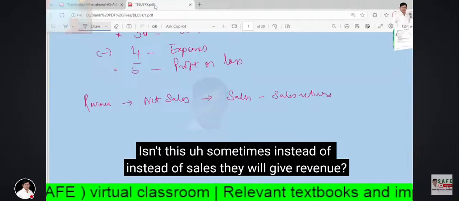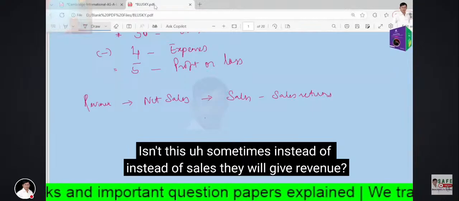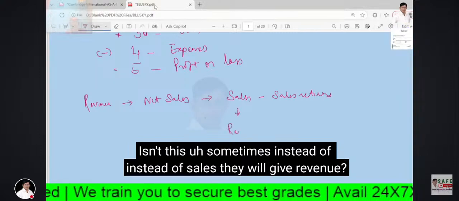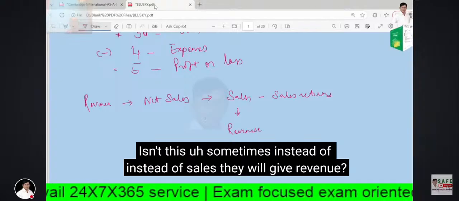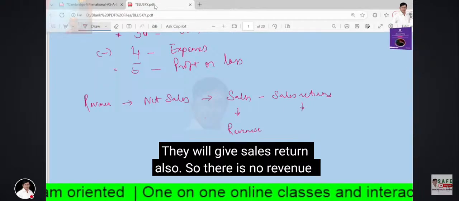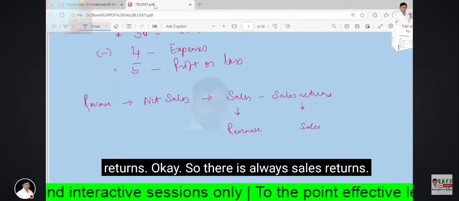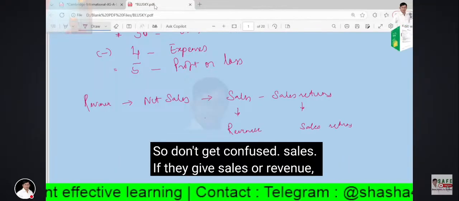Sometimes instead of sales there will be revenue, and there will be sales returns also. There are no revenue returns, so there are always sales returns. Don't get confused.